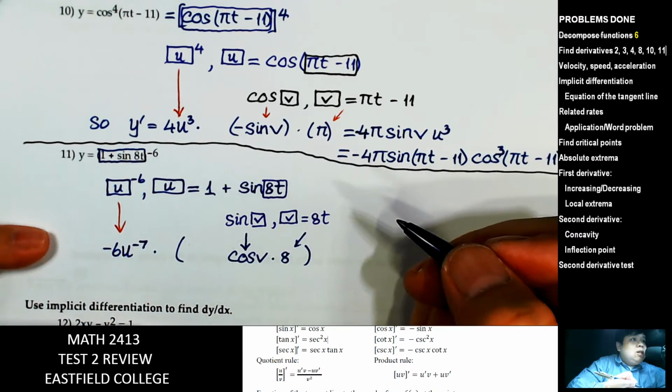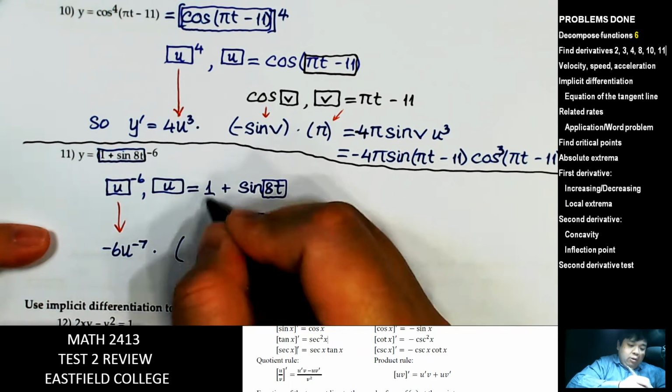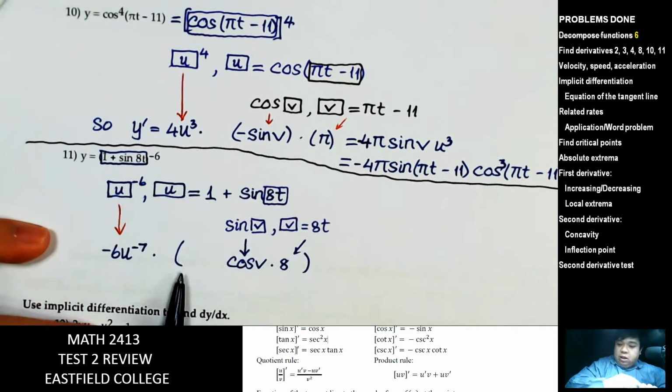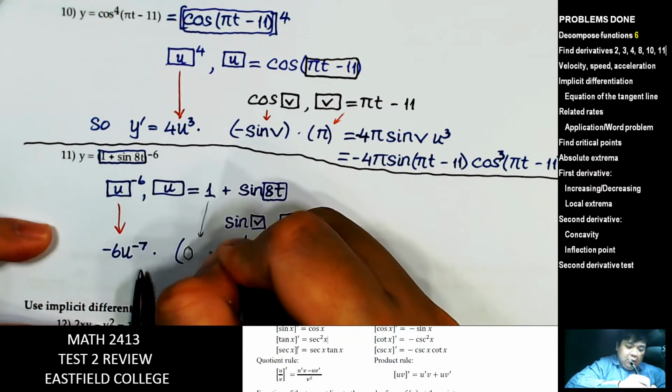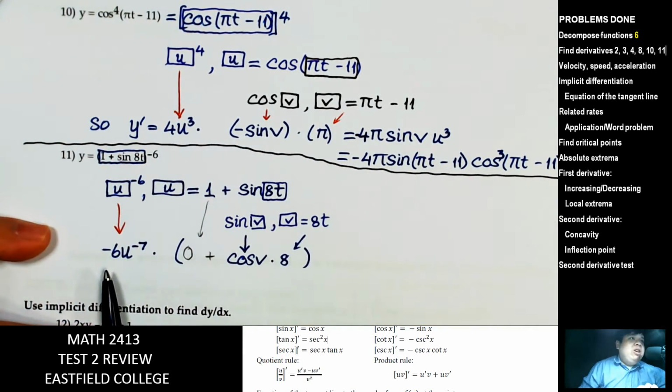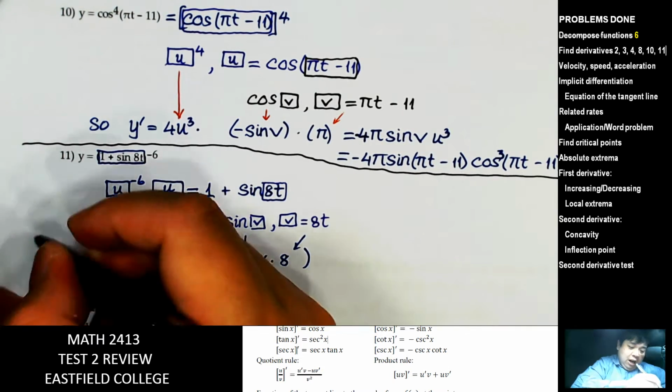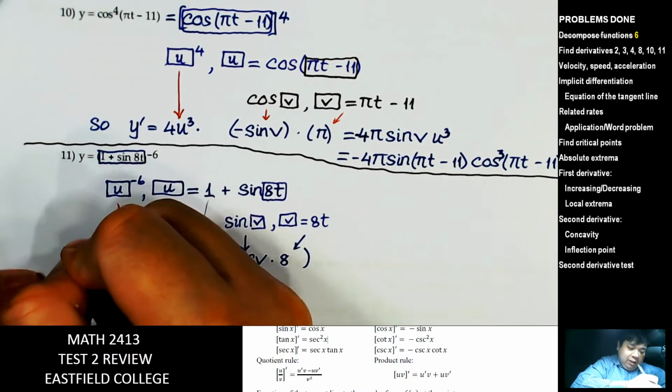So pretty much that. There should be a 0 and then plus. So that is the derivative.